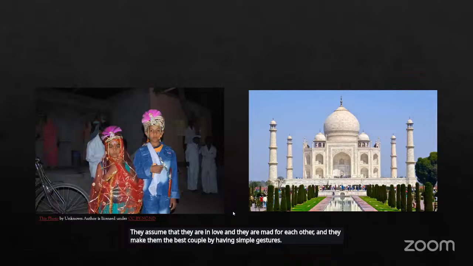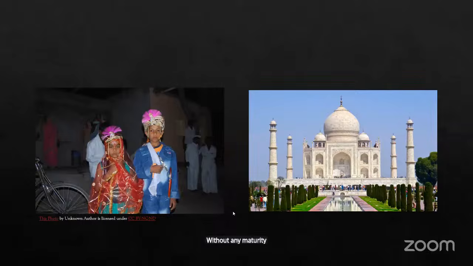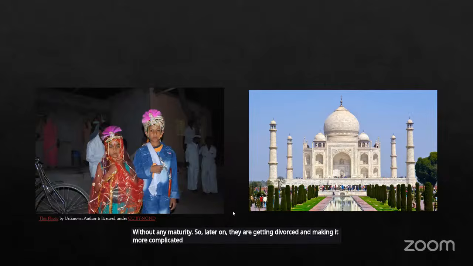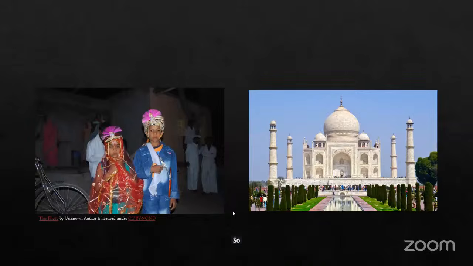So they are committing and getting married without any maturity. Later on, they are getting divorced and making it more complicated for their family too. By seeing these two pictures, one is child marriage, another is the Taj Mahal, which is the symbol of love. So I'm assuming the story is that immature marriages lead to complexity. That's it, sir. Thank you, sir.